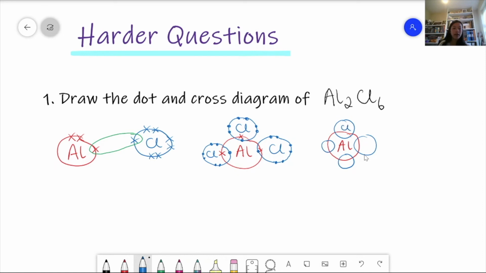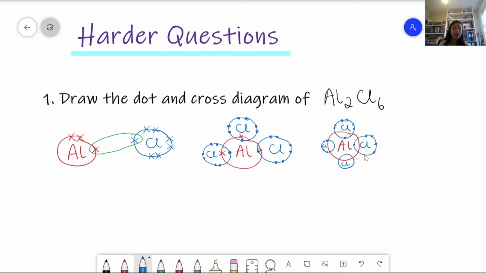But then we think, what else could happen for me to bond 2 of these together, because they need to bond somehow. So then we think about coordinate bonds maybe, because there's no electrons left for aluminium to bond, so we can't bond 2 aluminiums together.